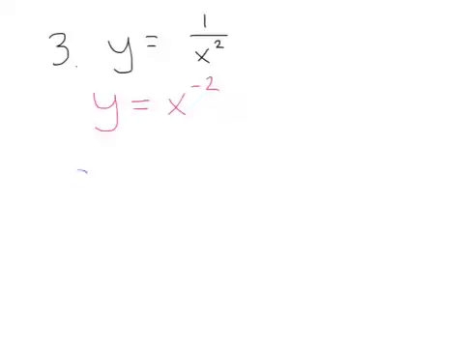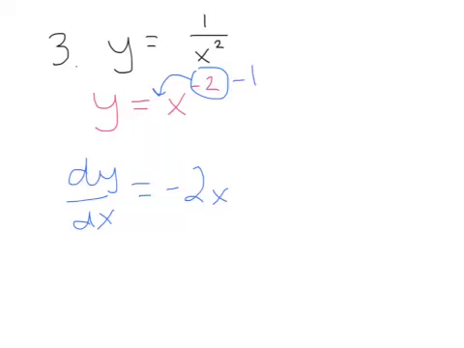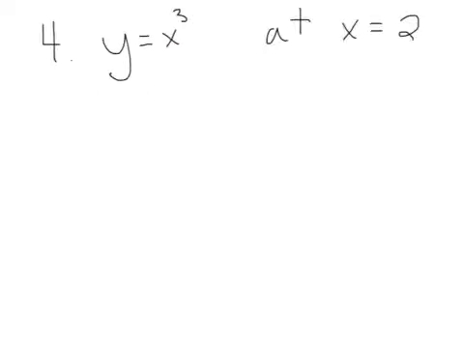So now we'll go straight into the derivative. dy dx equals, take the -2, bring it out front, so -2x, and then you get minus 1, so that's -3. And they didn't ask for equation again, so we just have dy dx equals -2x to the -3.